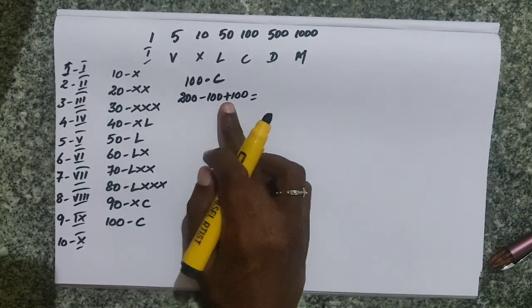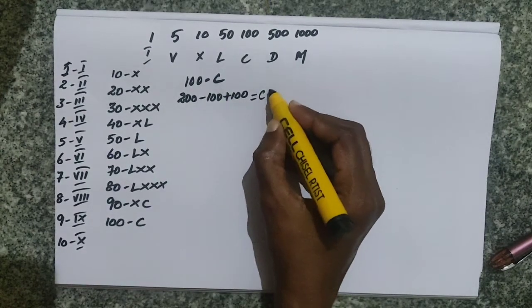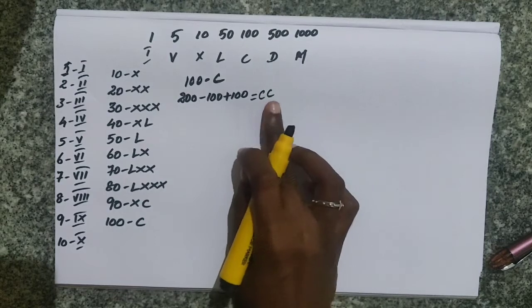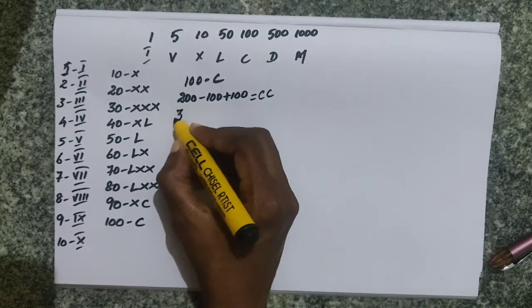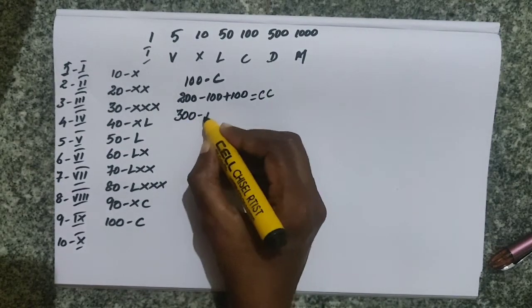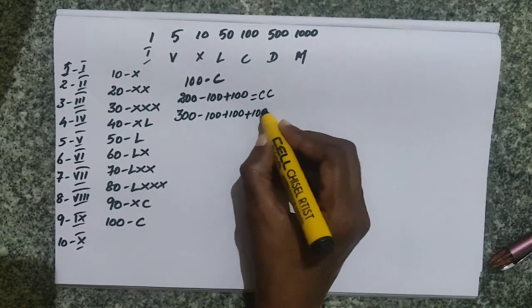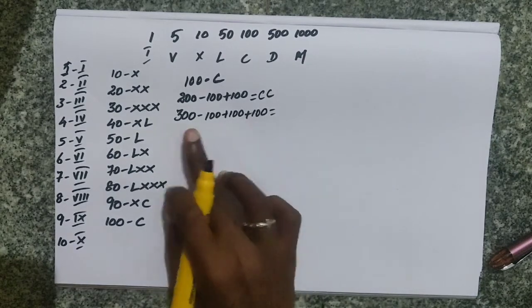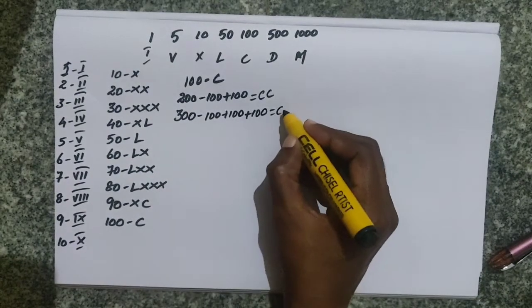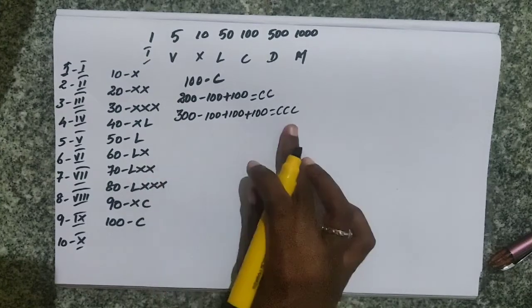So it is addition, and addition is written on the right side. For 300 it is 100 plus 100 plus 100. So three times, if you add 100 you will get 300.